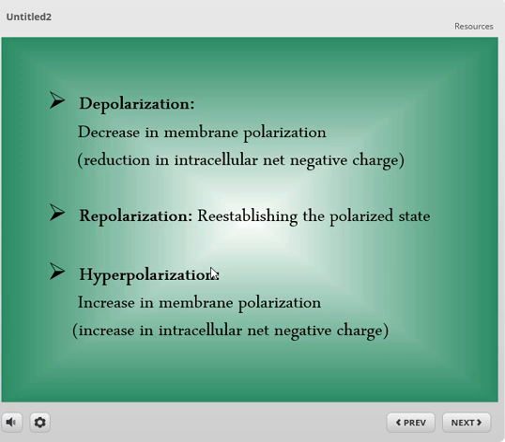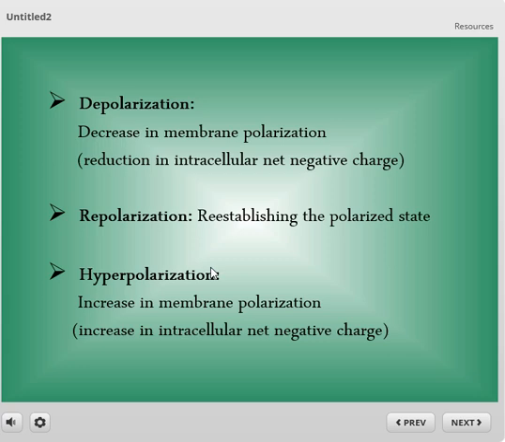Hyperpolarization makes the cell less likely to generate an action potential, as the membrane potential is driven away from the threshold.